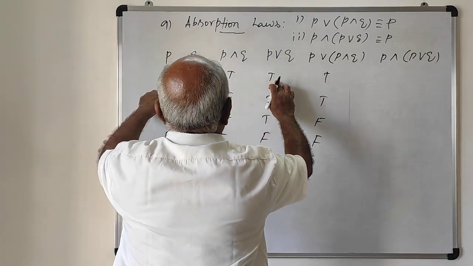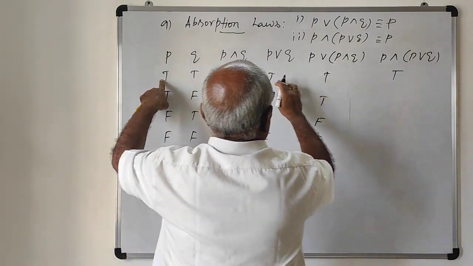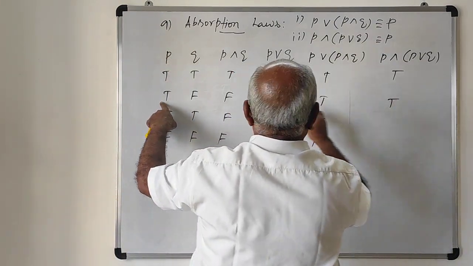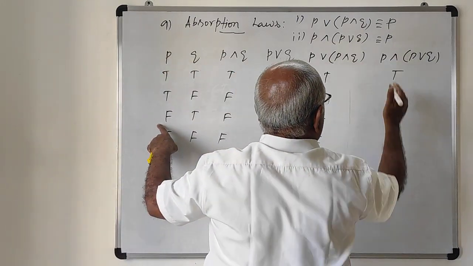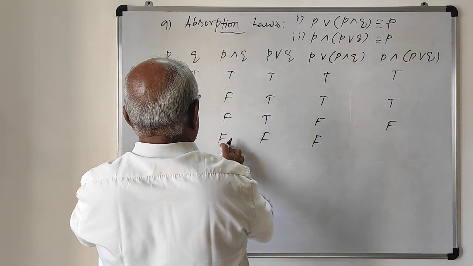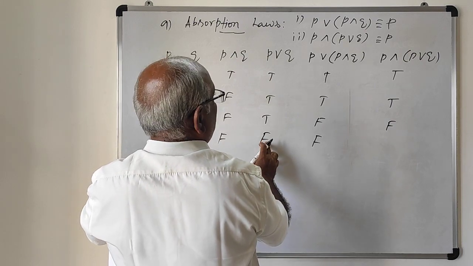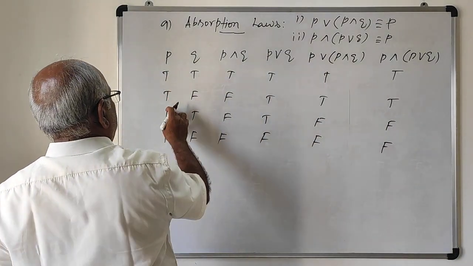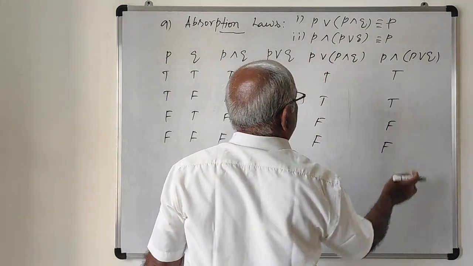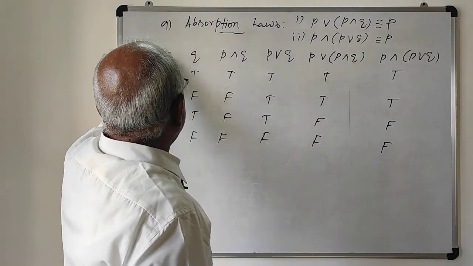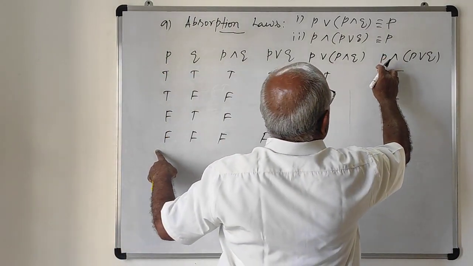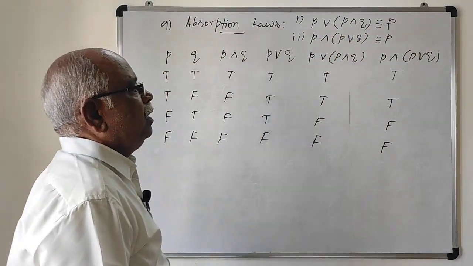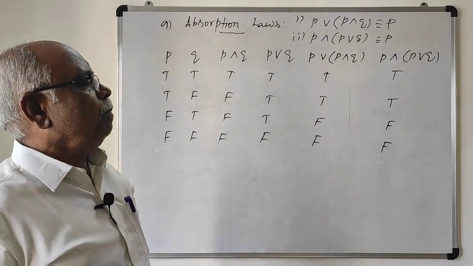For conjunction, both are T, the truth value is T. Both are T, the truth value is T. Any one of F, conjunction is F. Yes, both are F, the truth value is F. See, this is nothing but P: T, T, F, F. Therefore, the column containing P and the column containing P conjunction, P disjunction Q are identical. Therefore, the second property is true. That's all about the absorption laws.